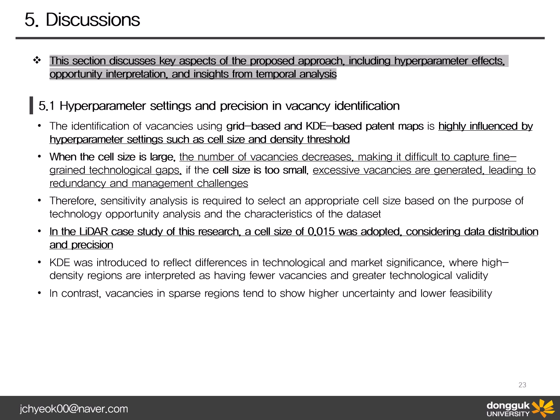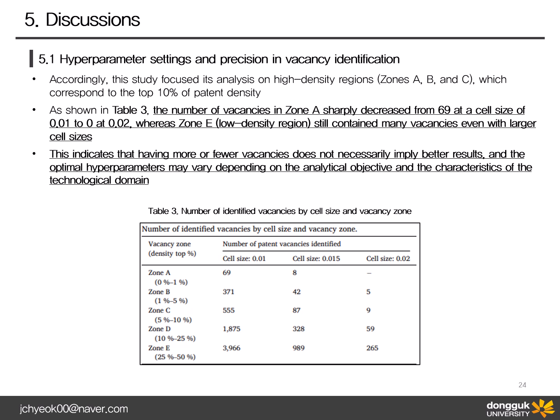In addition, KDE was introduced to reflect differences in technological and market significance, where high-density regions are interpreted as having fewer vacancies and greater technological validity. Accordingly, this study focused its analysis on high-density regions corresponding to the top 10% of patent density.